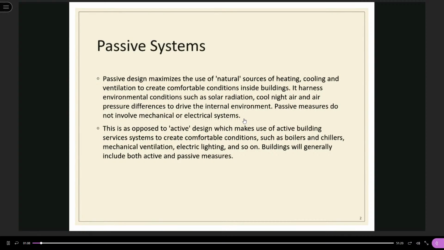It harnesses the environmental conditions such as the solar radiation, cool night air, and air pressure differences to drive the internal environment. Okay, so we have talked about sunlight, and cool night air. In the daytime it is hot, but there could be a temperature difference between the daytime and the nighttime. Just like these few days, in the daytime it could be up to 30 degrees C, but then at nighttime, maybe the temperature decreases down to 20 something.